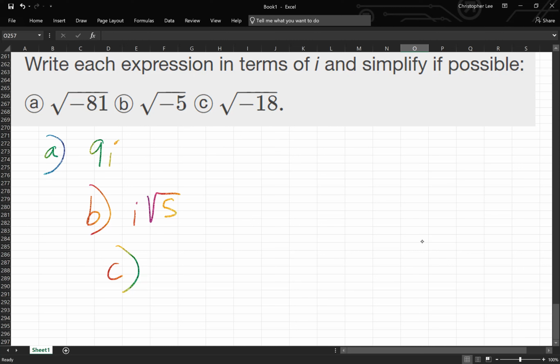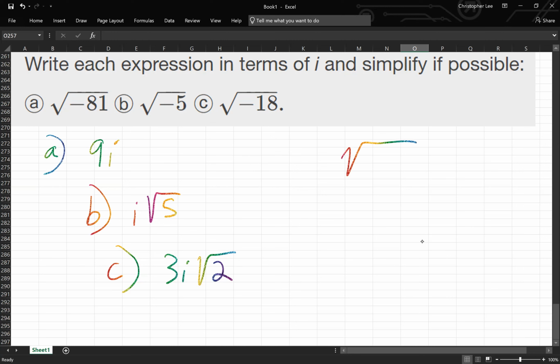How about C? C's a little hard. Right, 3i square root 2. That's it. Any questions on that? Everybody got that? You get negative 18? I got you.